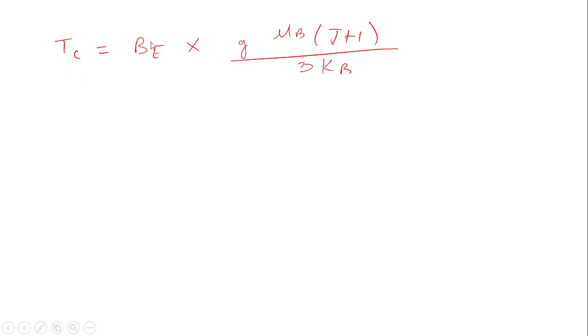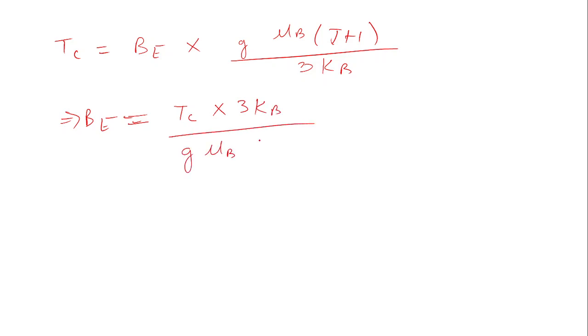Okay. Now finally I need to find out Be. Be will be equal to Tc multiplied by 3 kB, divided by g mu B times j plus 1. Now let's put in these values.